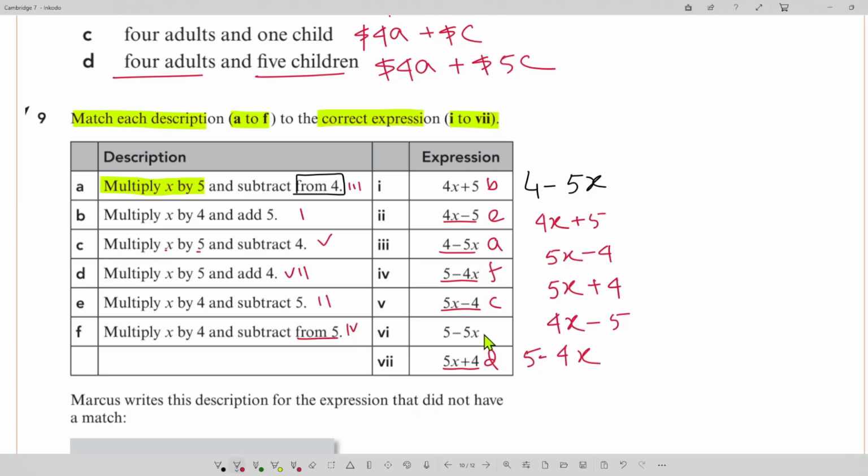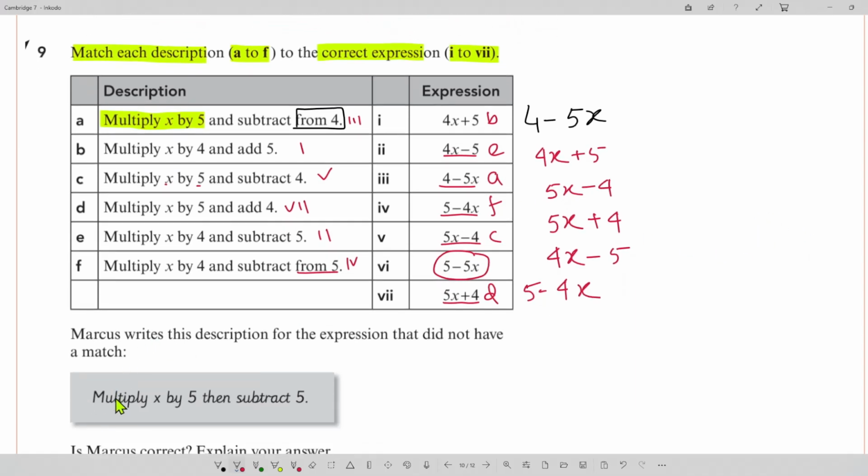But we still have a blank, which is number 6. Here it is mentioned that Marcus wrote the description for the expression that did not have a match.